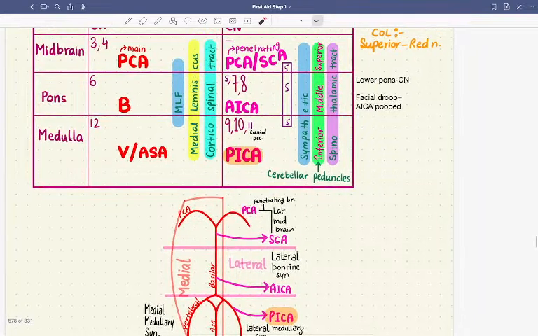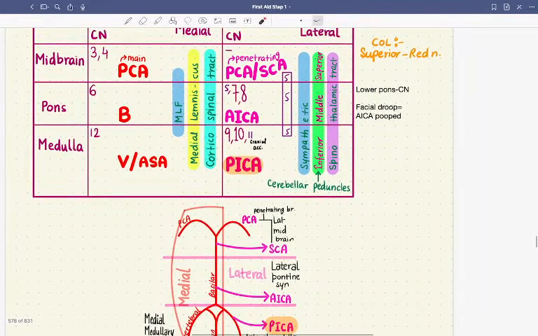Now what happens is midbrain, pons and medulla. AICA is coming out from the basilar artery, so that's why this is going to be pons. So we have PCA.